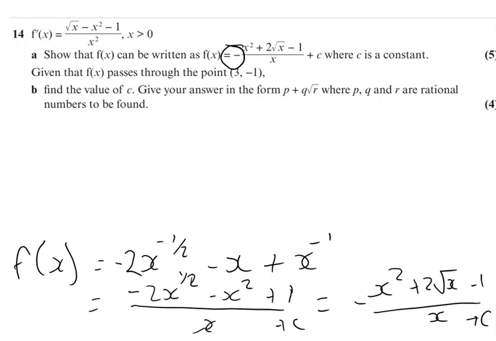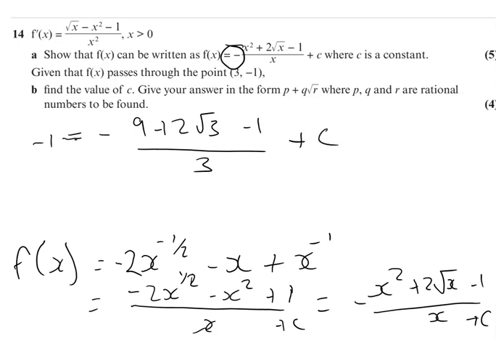So we can say that f of x is going to be minus 1, and this equals minus 3 squared, so minus 9 plus 2 root 3 minus 1 all over 3 plus c. Yeah, and then I can't get rid of that root, but it's okay because it says give your answer in the form p plus q root r. So that's fine, we can do that, no problem.